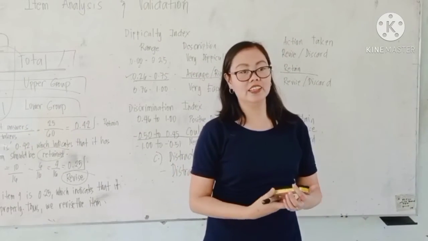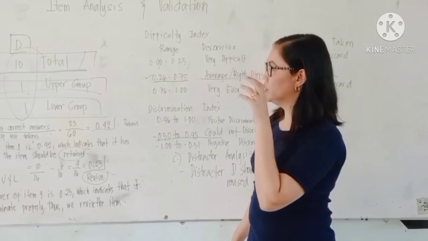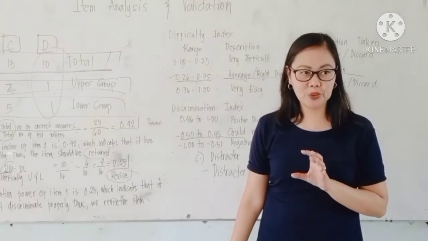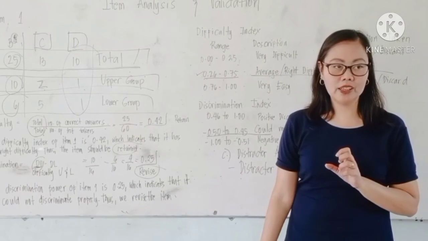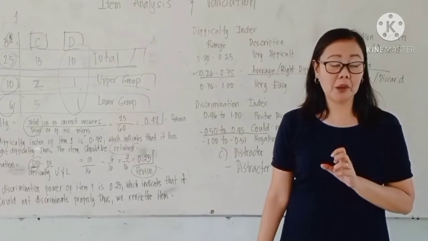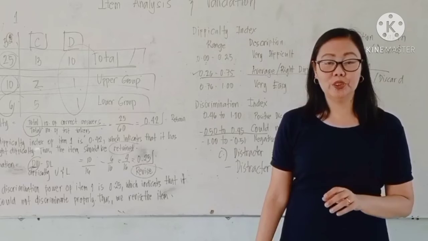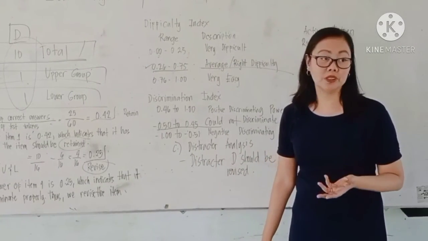I-revise natin siya. Okay? May mga cases po na dalawang distractor yung nagpo-fall doon sa principles of analyzing distractor na pwede natin siyang tanggalin kasi hindi siya nakapag-discriminate. Pwede yun. You can say here na distractor A and D should be revised.